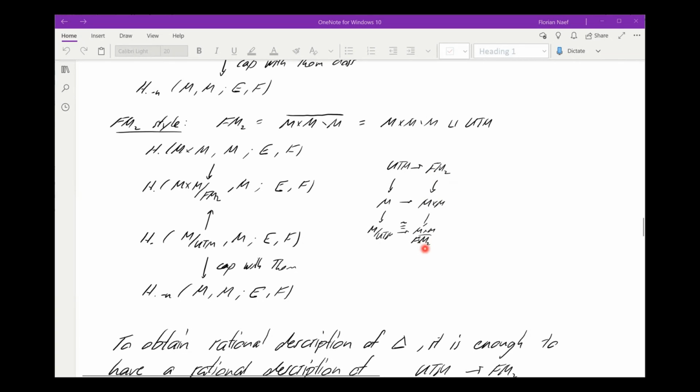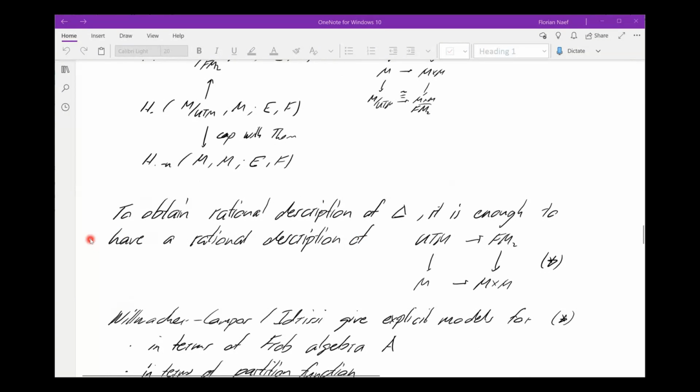I identified the vertical cofibers, which are just 2 versions of Thom space, where one naturally lies over M and the other naturally lies over M times M. So it's now clear that if you want to get a rational description of our coproduct, then the most difficult thing is doing these relative intersections. And for that, it's enough if we understand this diagram of spaces, or if we have a model of that diagram of spaces.